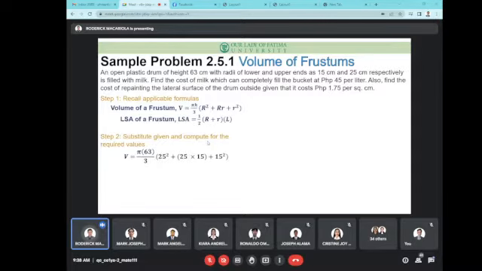Anyone? Volume? Volume po? Meron na po ba? 80,817 cubic cm, sir. Are you sure? Yes. Did anyone also solve and got that value?